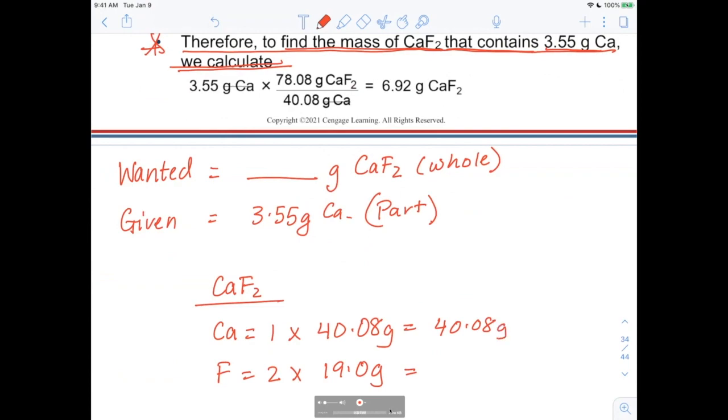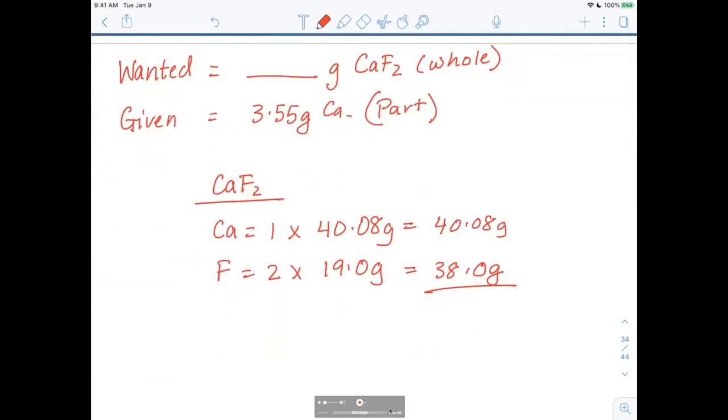So 40.08, and then here we got 2 times 19.0, which is 38.0 grams. Okay, add these two. We did this before, didn't we? Because this is looking very familiar. 40.08. They recycle the same formulas. Anyway, 78.08 grams of calcium fluoride. There. If we need the total, this is the total.